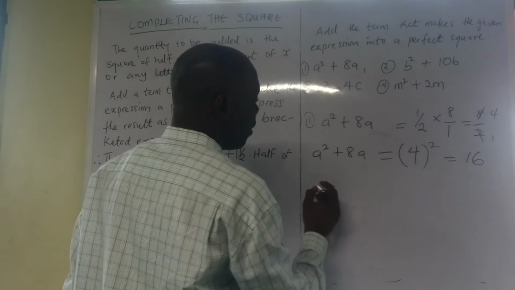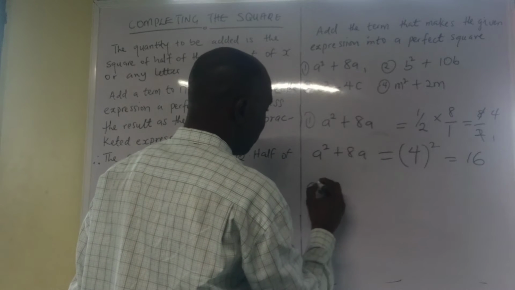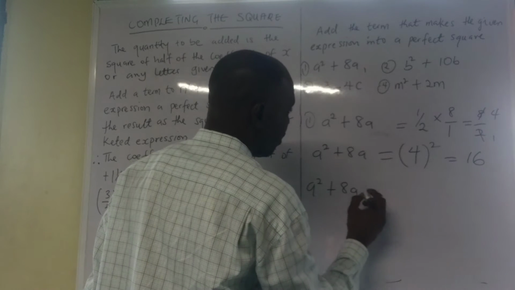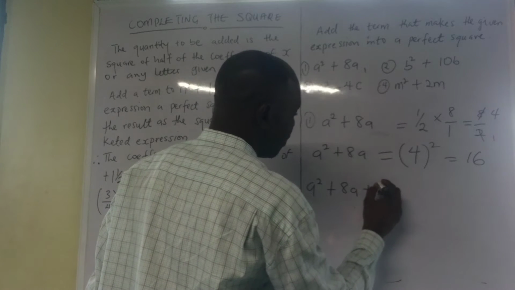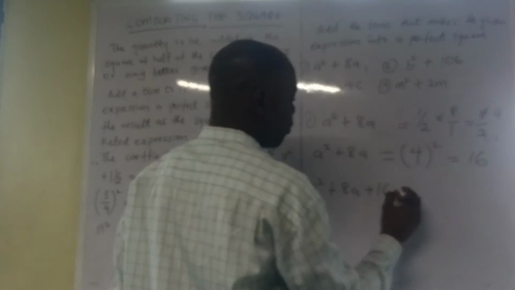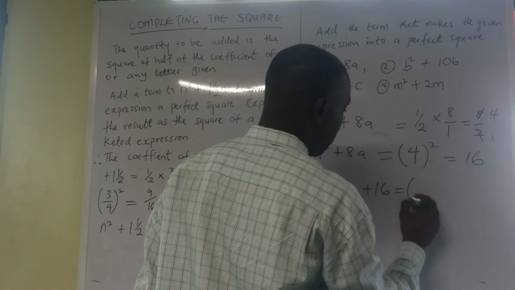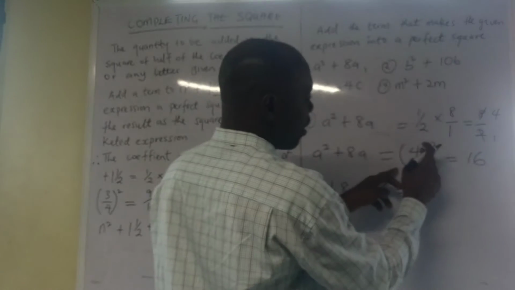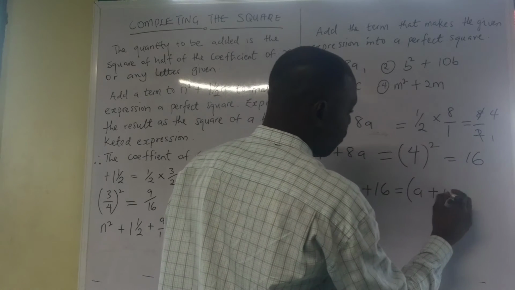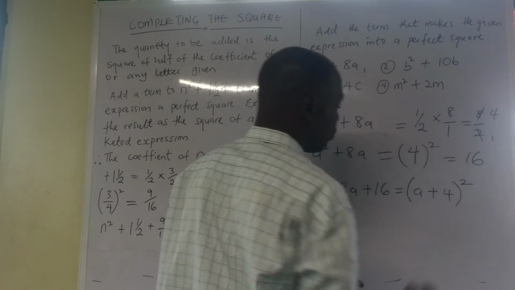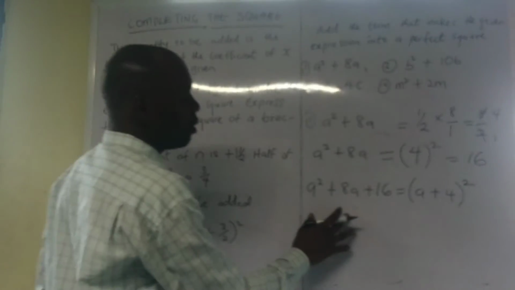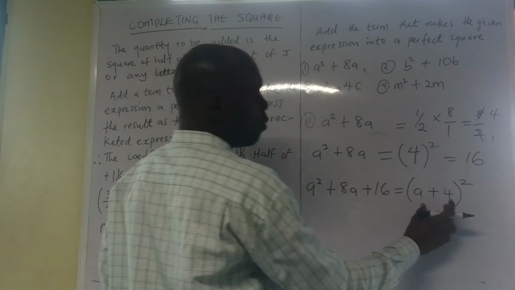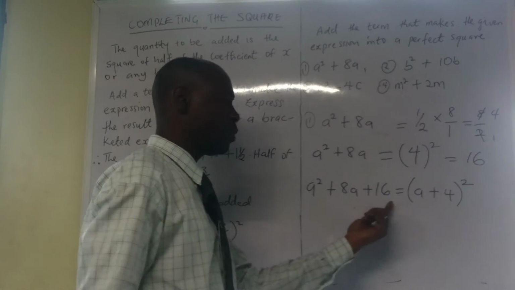So from now, our equation will now be a^2 + 8a + 16 equals (a plus this very particular half of the coefficient, 4)^2. So this expression is already given as a perfect square, because when you multiply this out, we're still going to come back to this.